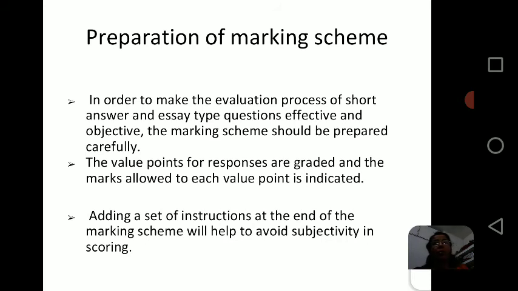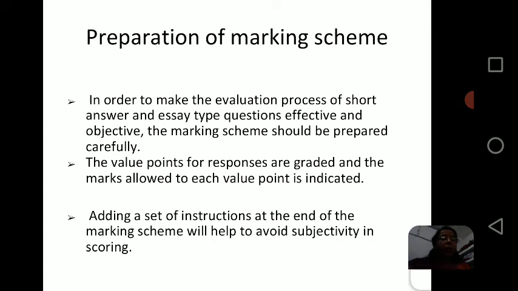It is not acceptable to have a wide disparity between the two marks of the same student. That is objectivity. If it differs largely from the first evaluator, it means that there is subjectivity in the scoring procedure or subjectivity in the interpretation of the answer.